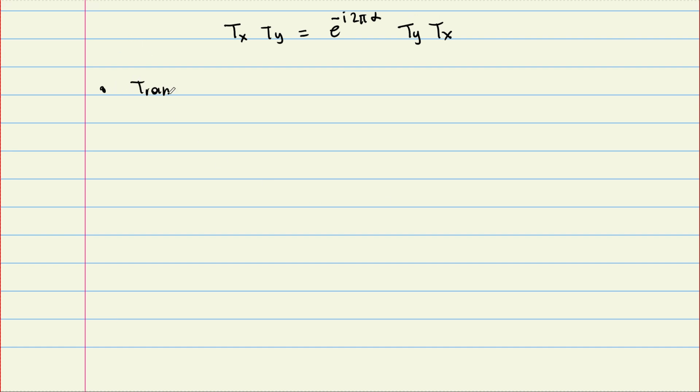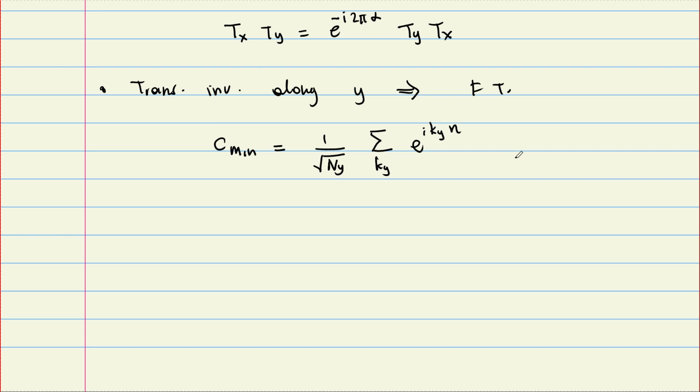So translational invariance along y suggests taking the Fourier transform, and I will define the Fourier transform like this: c m n equals 1 over the number of cells along y direction, sum over ky, e to the i ky times n, c m ky. Right? I just destroyed n and replaced it with a momentum index.